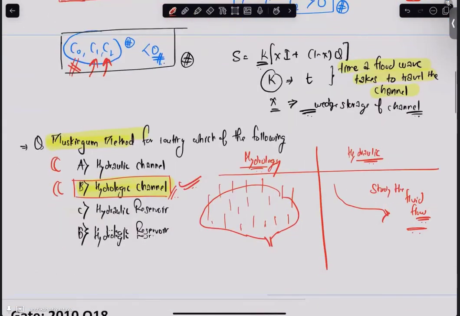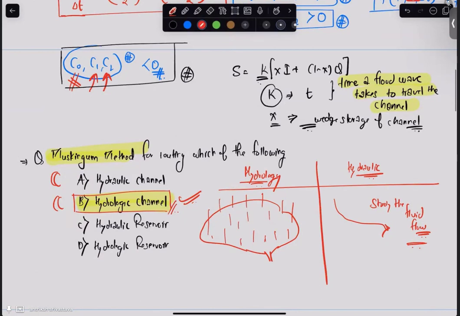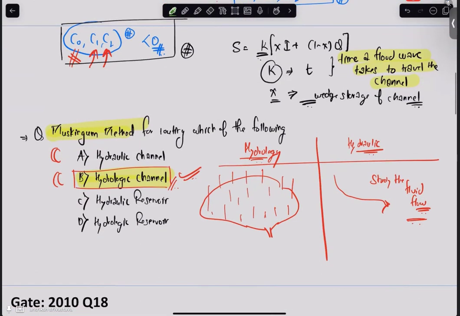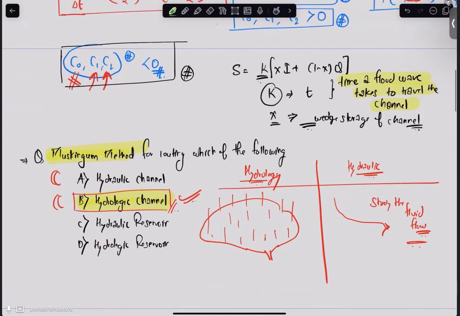One more takeaway for the Muskingum method is this storage term that we saw, this equation S is equal to k[xI plus (1 minus x)Q].